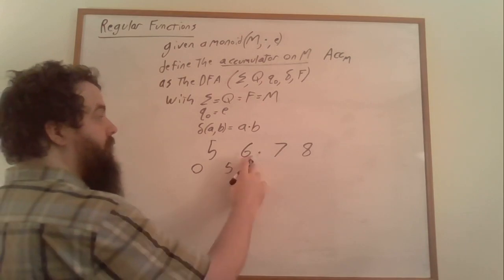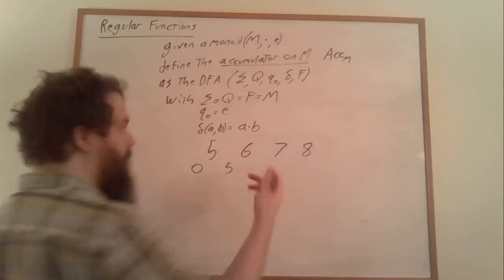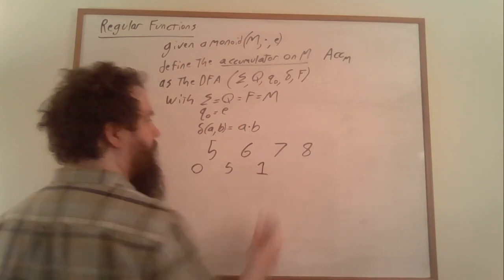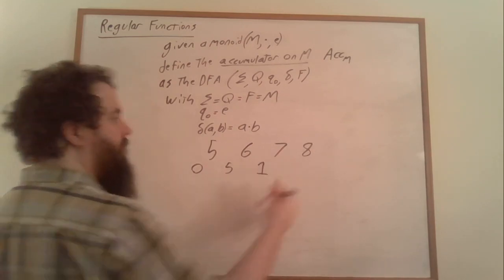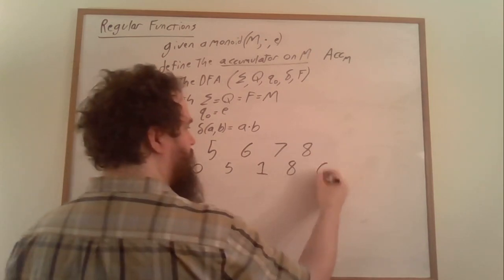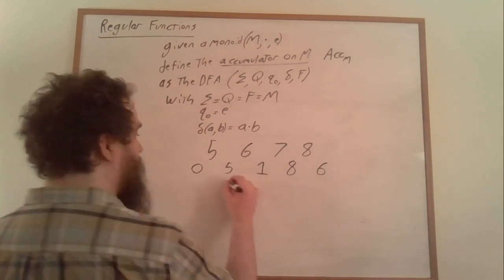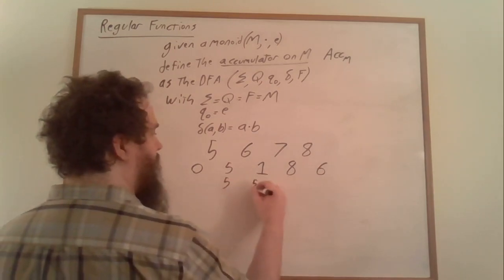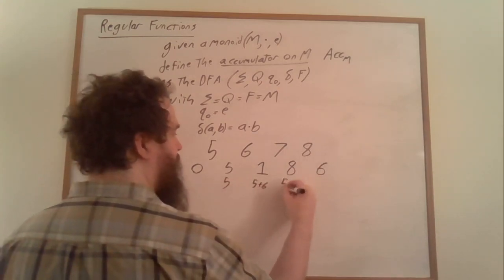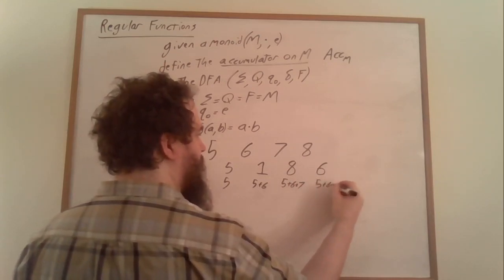Then we do 5 plus 6. Remember, this is modulo 10, so that's 1. Then we do 1 plus 7, that gives us 8, and then we do 8 plus 8, which gives us 6. Our automaton has calculated successively 5, 5 plus 6, 5 plus 6 plus 7, and 5 plus 6 plus 7 plus 8.